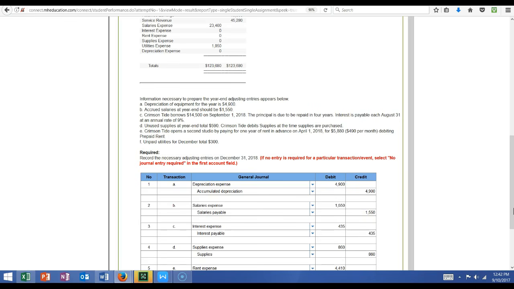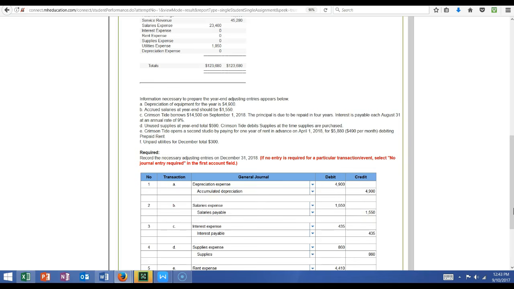Interest expense: Crimson borrows $14,500 on September 1st. The principal is due to be repaid in 4 years. Interest is payable each August 31st. Again, we don't care about all that. We just want to know, what is the interest expense for this year? If we took out the loan on September 1st, that means we have 4 months of interest.